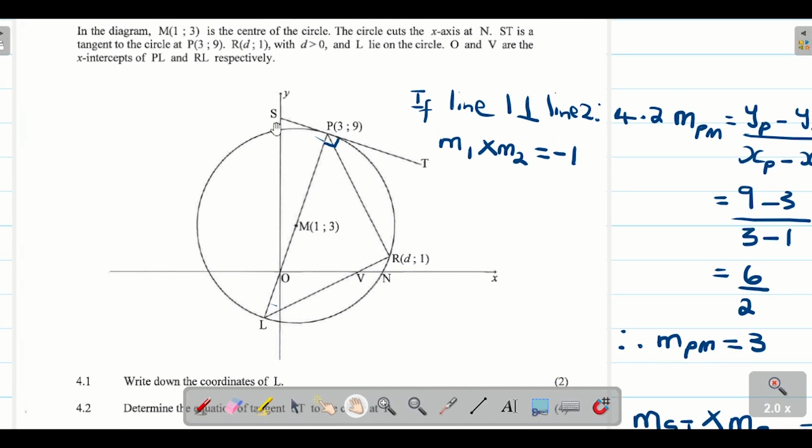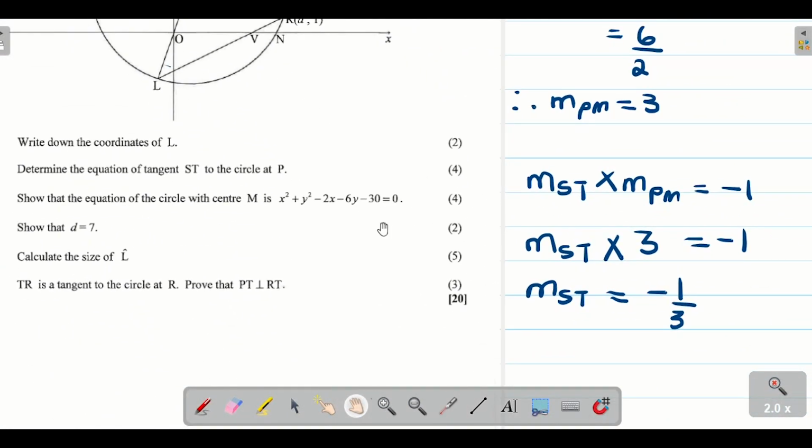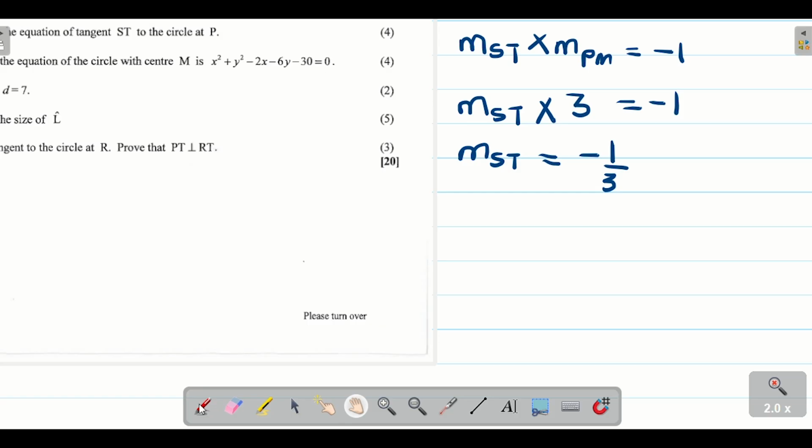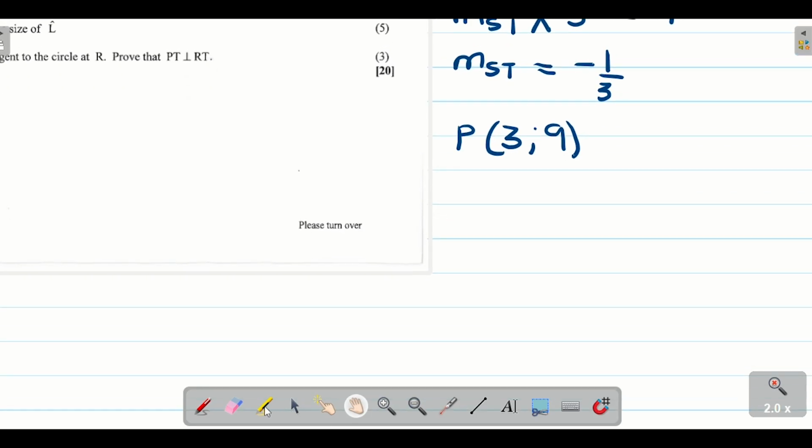So now that we have the gradient of line ST, we just need one point on the line, which is point P. They've given it to us. They've given us the x value to be 3 and the y value to be 9. So to find the equation of line ST, all we're going to do is use y minus y1 equals m into x minus x1.